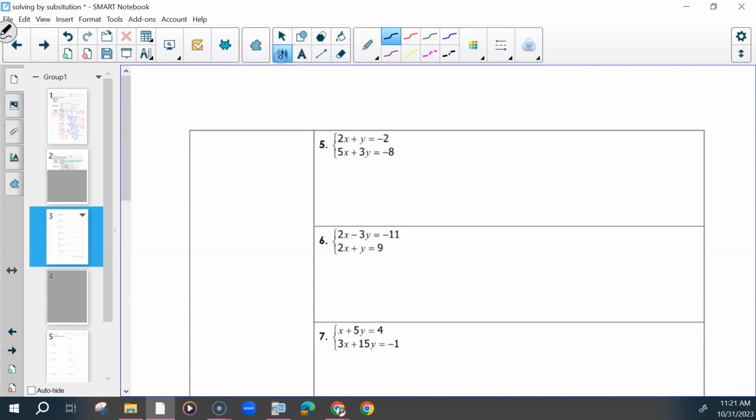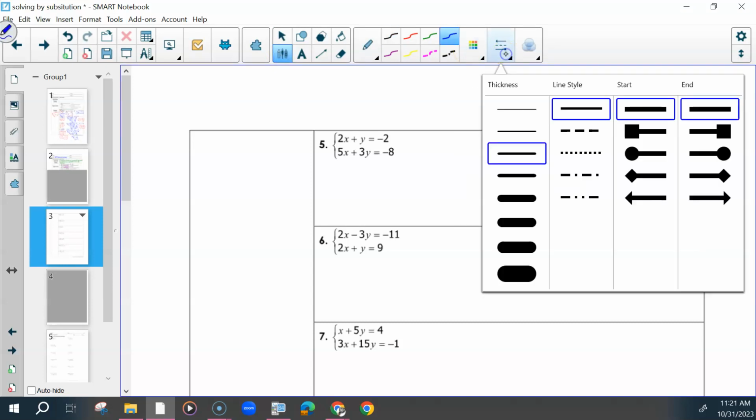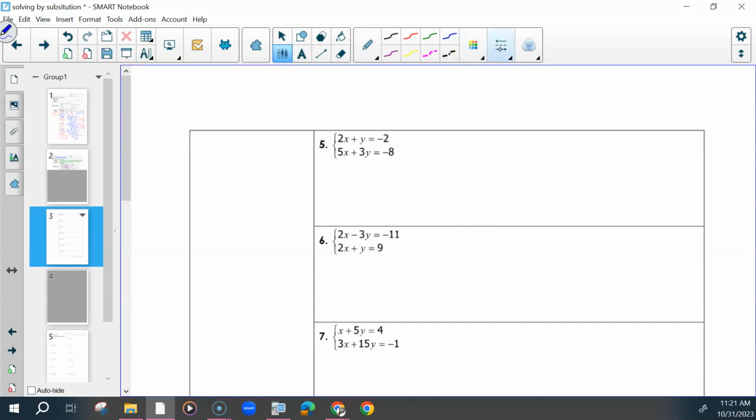So, let's say for this number 5, we were solving the first equation for that y. I'm going to rewrite this equation over here. How would I get this y by itself? Subtract 2x to the other side.